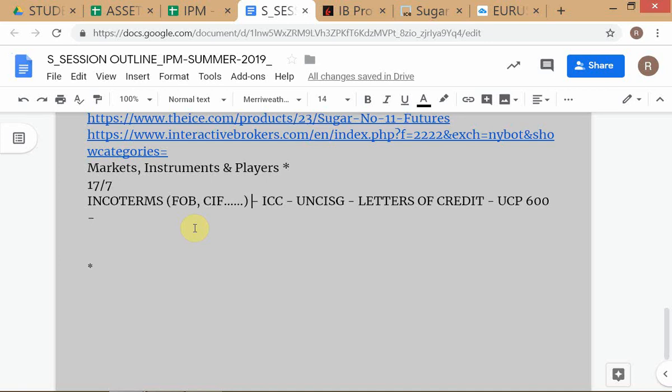If you're, let's say, a Japanese importer buying from an Indian exporter, and I'm quoting a CIF price, that means this price is good to take it all the way up to Tokyo Harbor, because I'm paying for the cost of the product, plus the insurance on the product, plus the freight charges. So it'll take you all the way to Port Tokyo Harbor. These things are known as Incoterms.